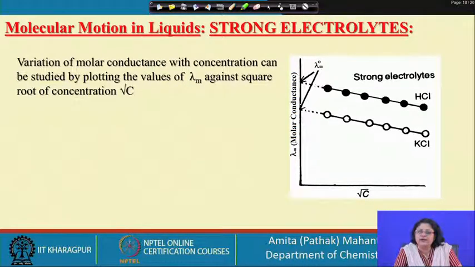So, for a strong electrolyte, the variation of molar conductance with the square root of molar concentration is linear with a negative slope, and it can be extrapolated to 0 concentration, which is infinite dilution. From there, from the intercept, you can have the values of the limiting molar conductance.